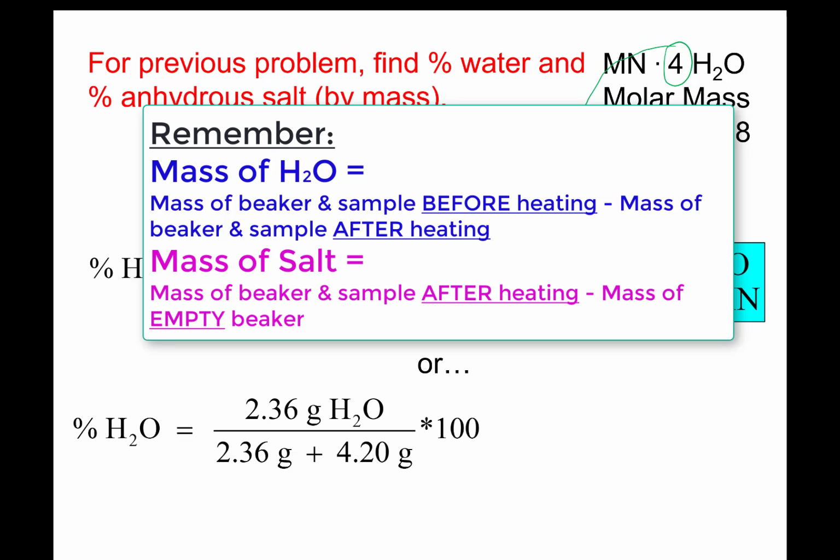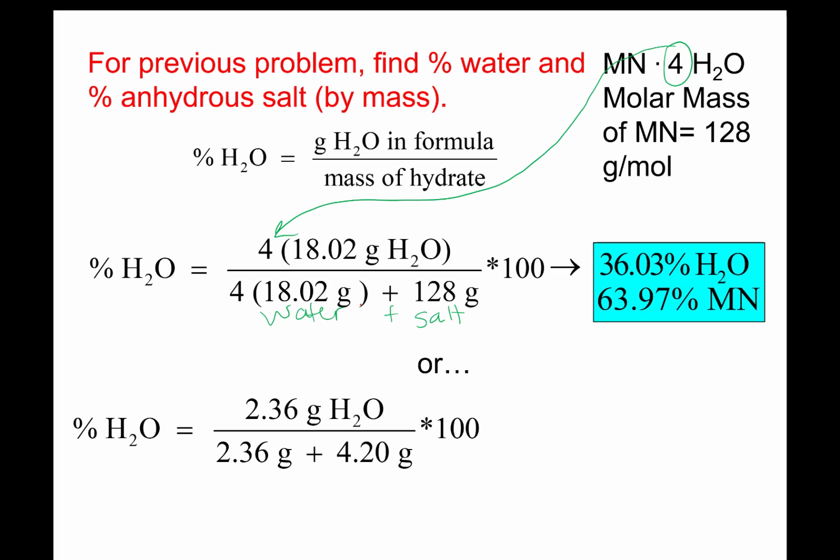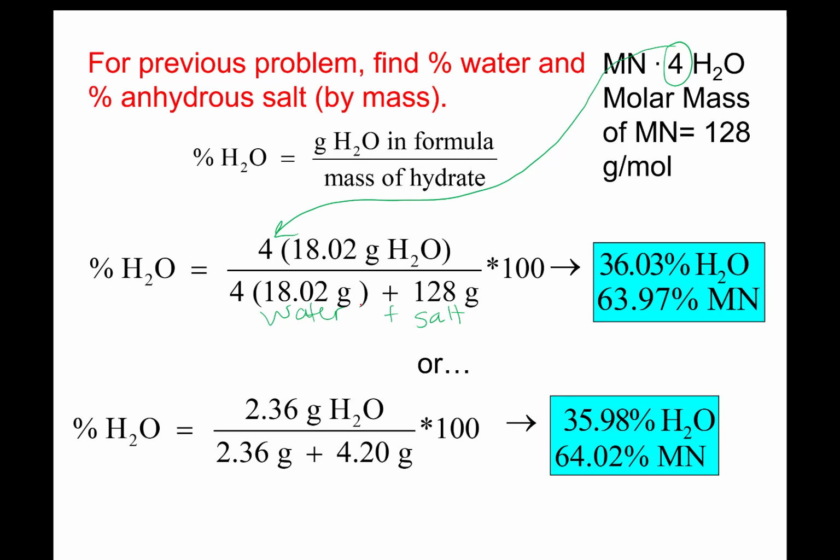So from the prior slide, we saw that we had 2.36 grams of water. So we take the grams of water divided by the total mass, so that's 2.36 plus 4.20, then multiply that by 100, you get 35.98% water, subtract that from 100, and that gives us 64.02% of the anhydrous salt.